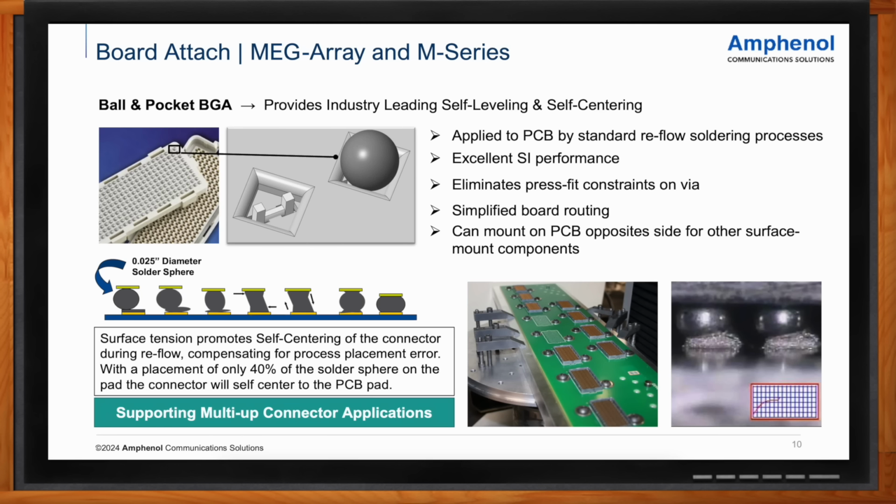And in manufacturing, because of the importance in the industry, they very tightly control the location of a PCB pad for their boards. With the housing able to self-center to the PCB via the ball and pocket in the solder sphere, you have really good true position, really good location of the entire connector, the entire housing.